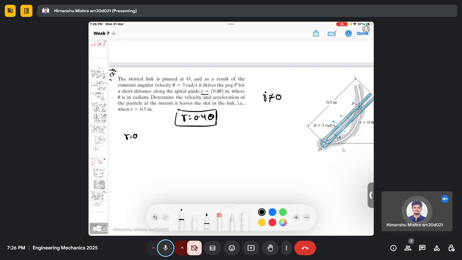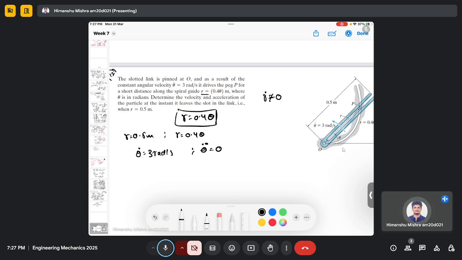So here r is 0.5 meter, and r also varies as 0.4 theta. Theta dot is 3 rad per second. Theta dot is a constant, which means if you take the time derivative of theta dot, it will be 0.